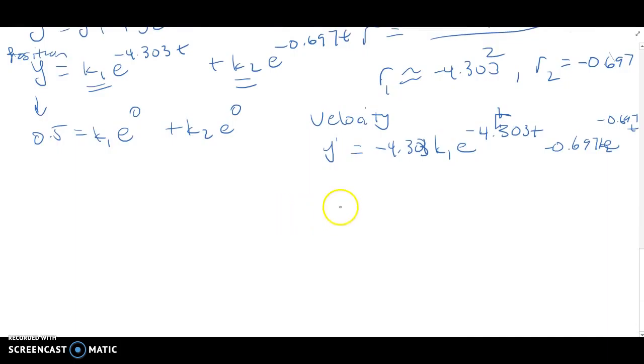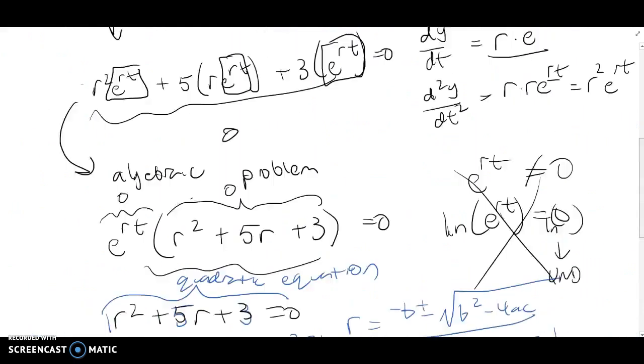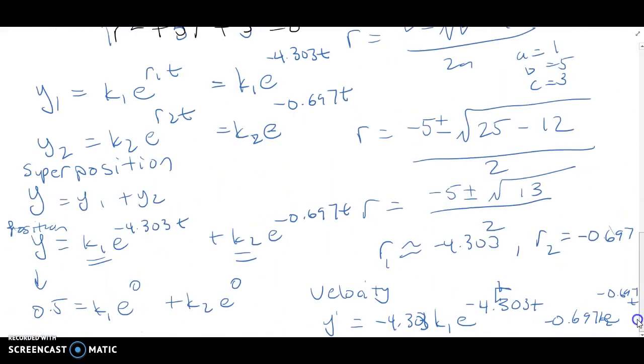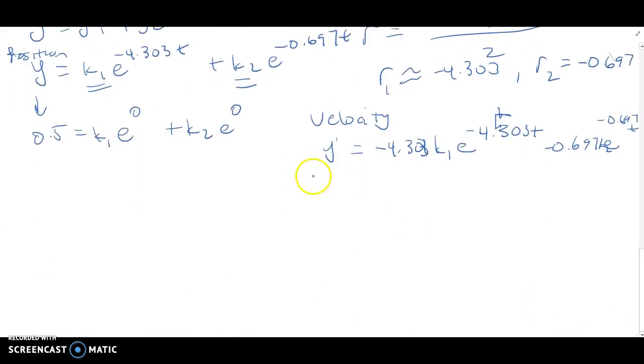And so now I can set the second equation. We decided that we wanted that initial velocity to be negative 0.3. So I'm going to set the velocity equal to negative 0.3, and I'm going to set time equal to 0. So guess what I'm going to get? Negative 4.303 k1 minus 0.697 k2. And now I have a system of equations.